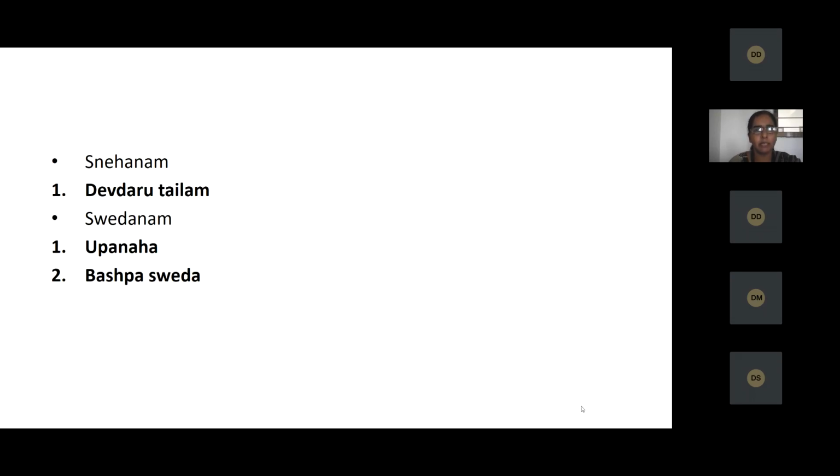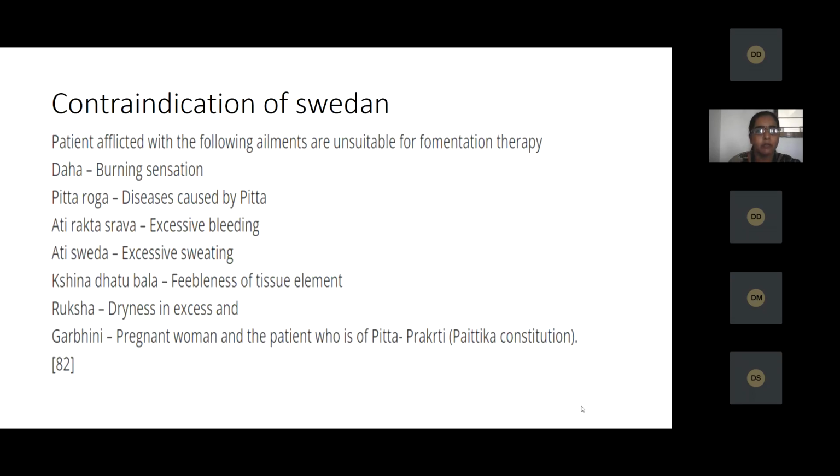Again, we can give some lepas in COPD patients to relieve pain in the accessory muscles mostly used for inhalation and exhalation. We can advise the lepa to relieve the muscle pain also.